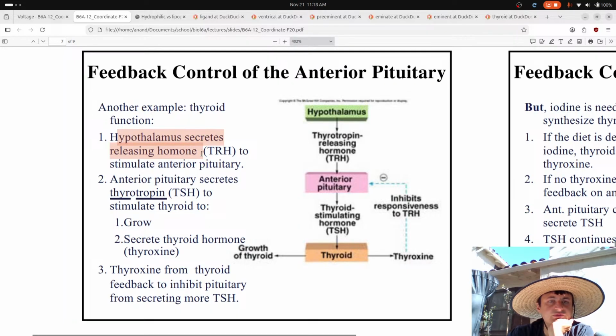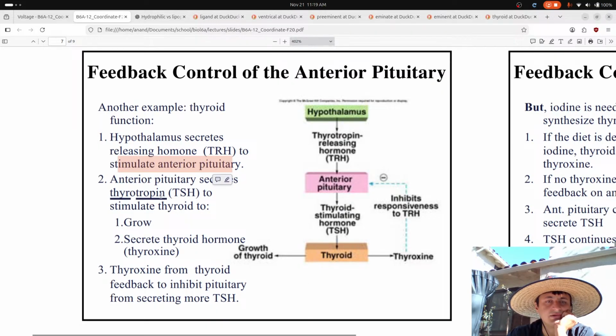Hypothalamus secretes releasing hormone. Thyrotropin releasing hormone to stimulate the anterior pituitary. Then the anterior pituitary secretes thyroid stimulating hormone. Okay. Then the thyroid does something to inhibit this, but then also causes the growth of the thyroid.